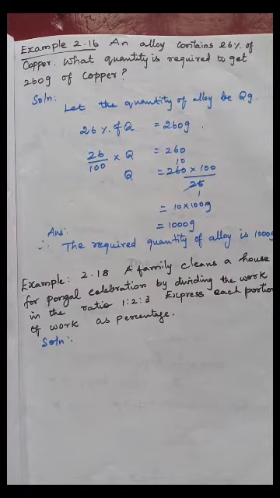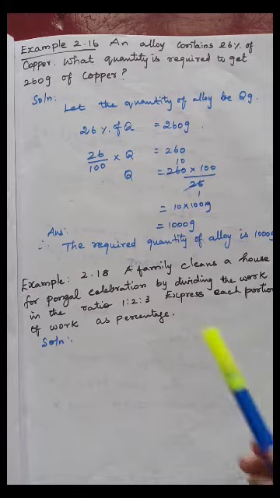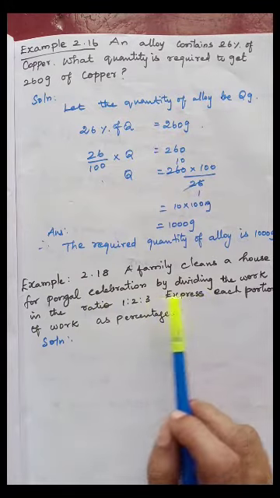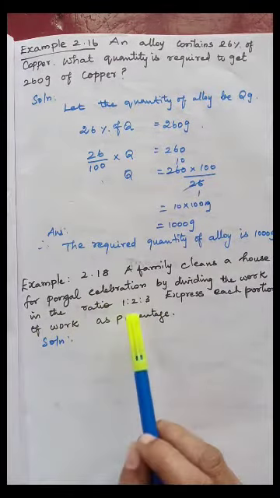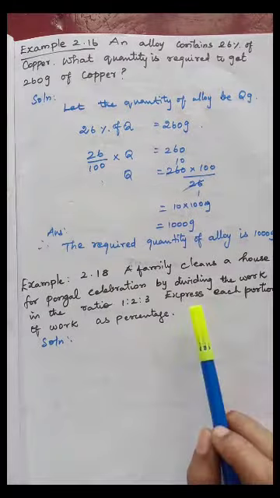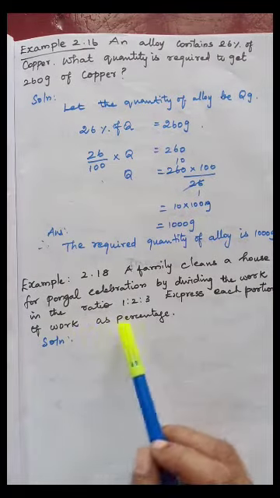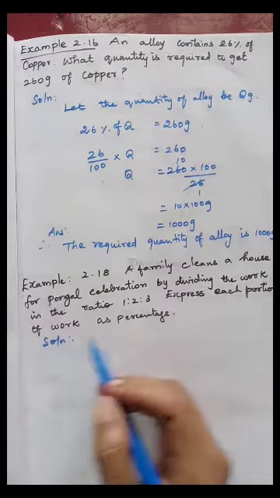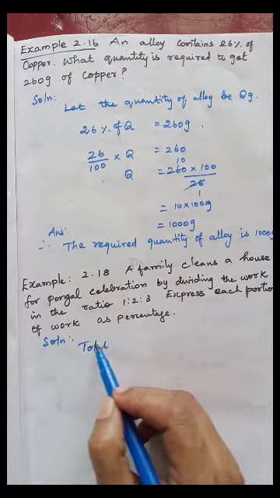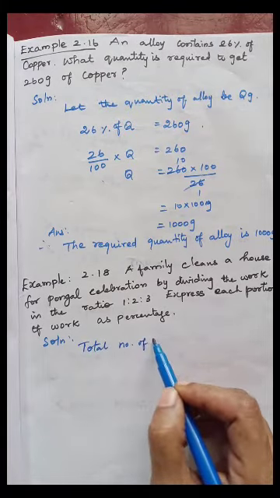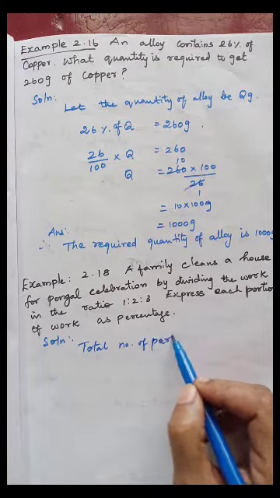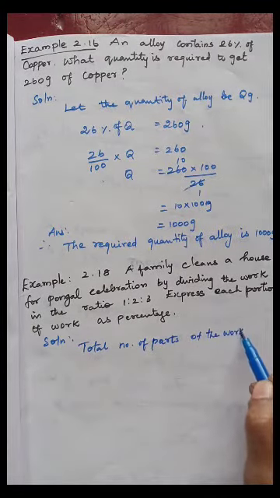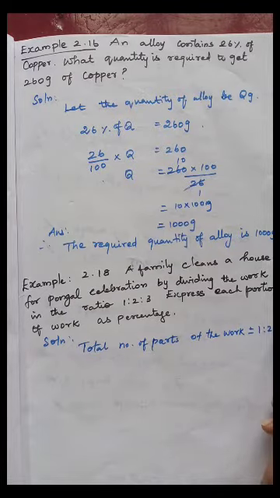We shall see example 2.18. A family cleans a house for Pongal celebration by dividing the work in the ratio 1:2:3. Express each portion of the work as a percentage. So solution, total number of parts of the work is equal to 1:2:3.